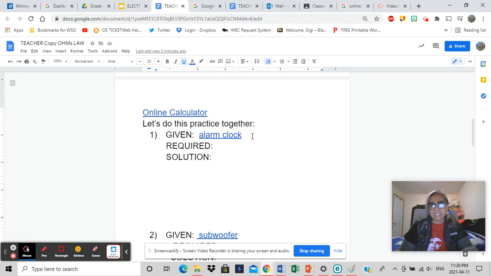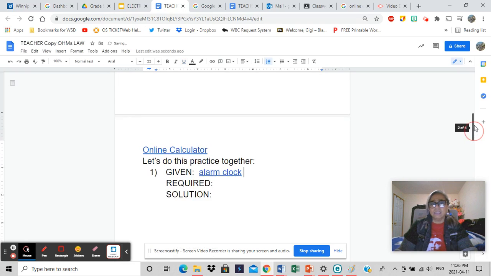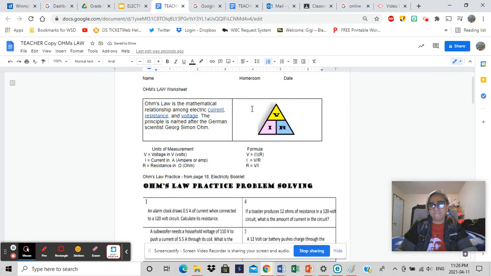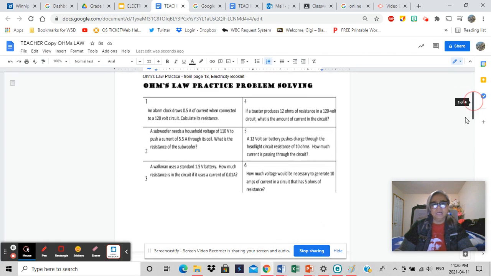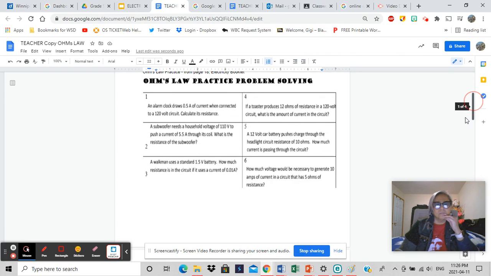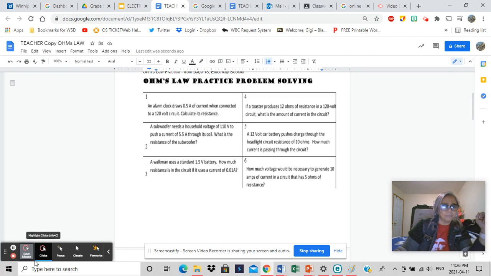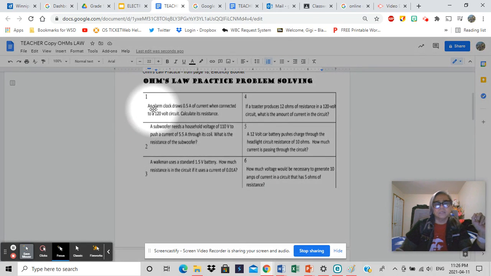An alarm clock is given. What else? Notice that we will be dealing with these three variables here. Take good note of the numbers that you see in the problem. The 0.5 A. What is A again?